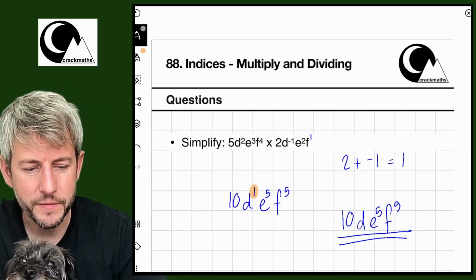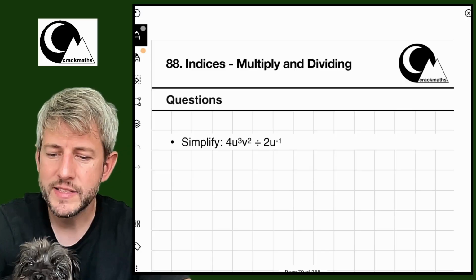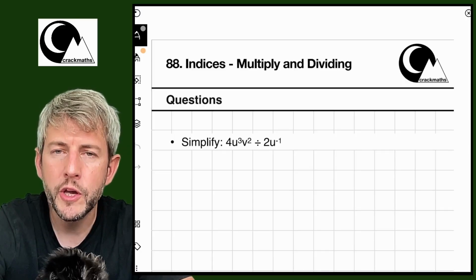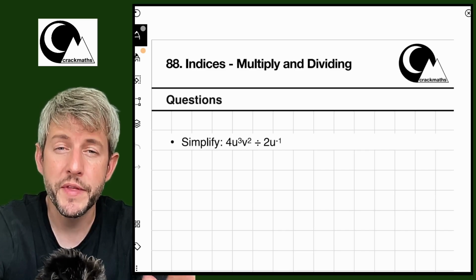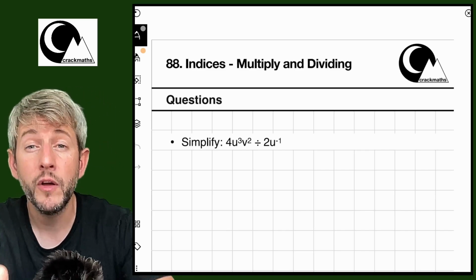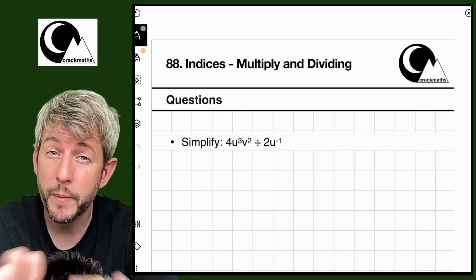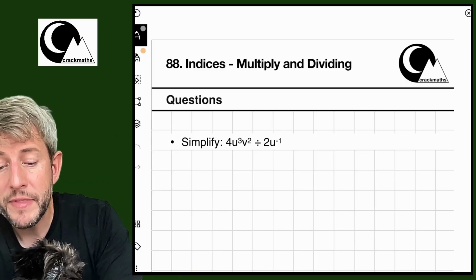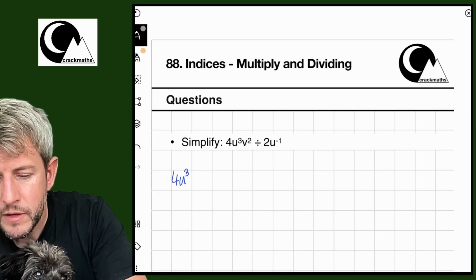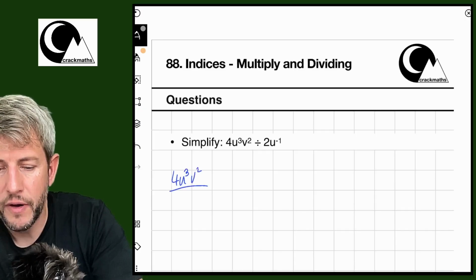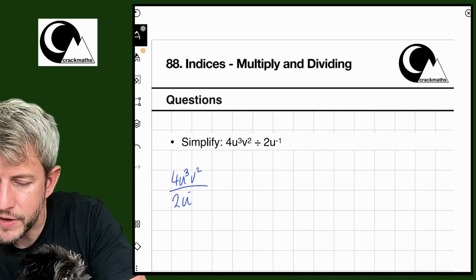Perfect. Next question. The next one we've got here is simplify 4u cubed v squared divided by 2u to the negative 1. Remember, we just sort everything out piece by piece. And remember, this could have been written like this as well: 4u cubed v squared divided by 2u to the negative 1.